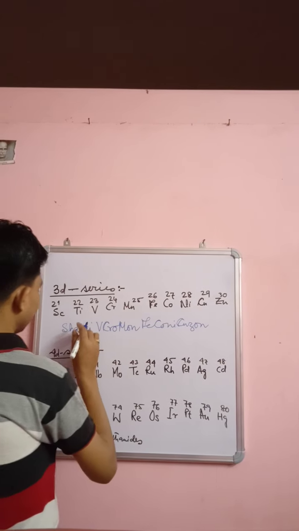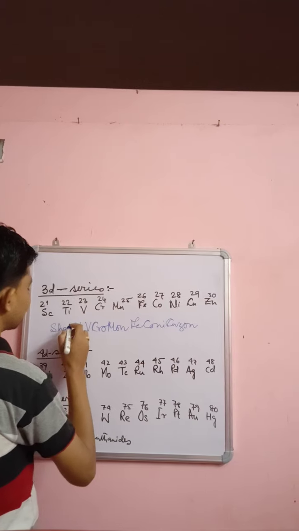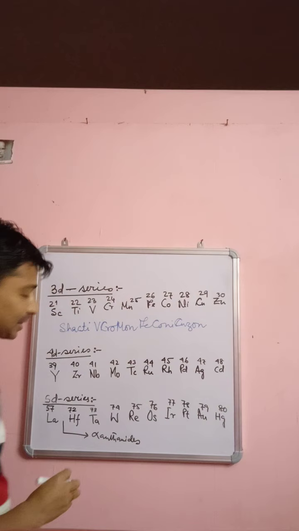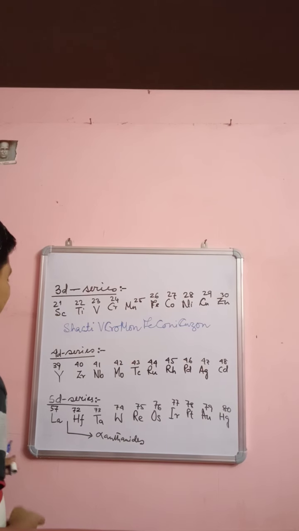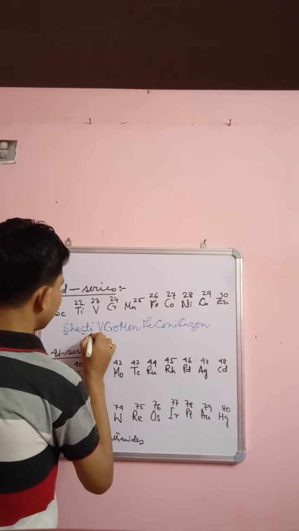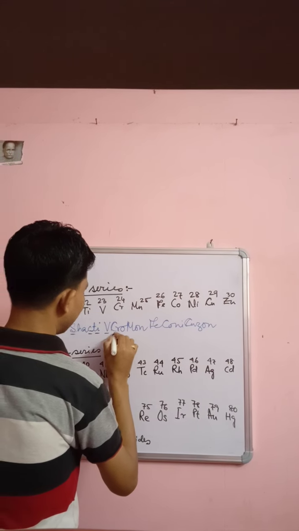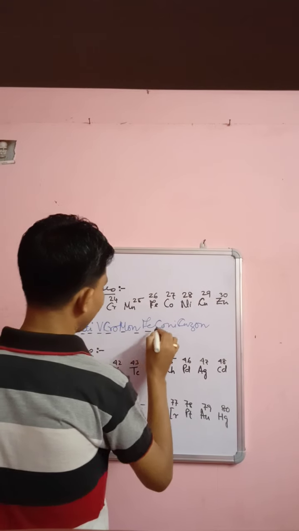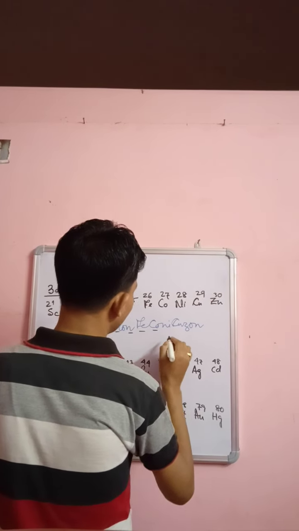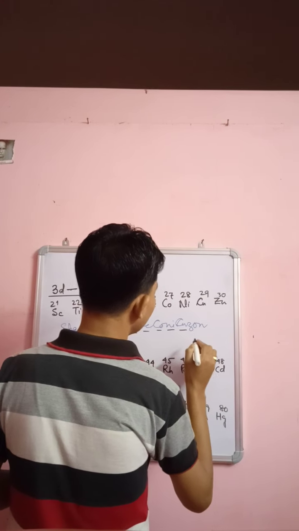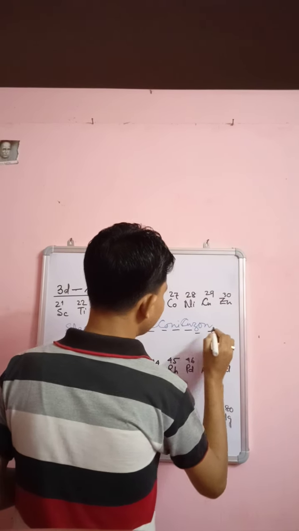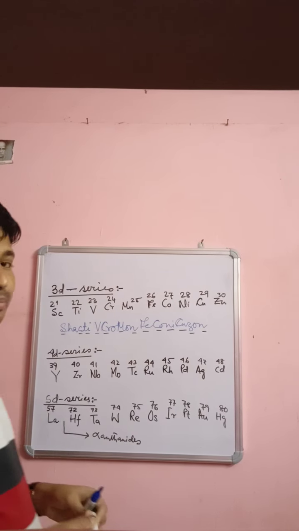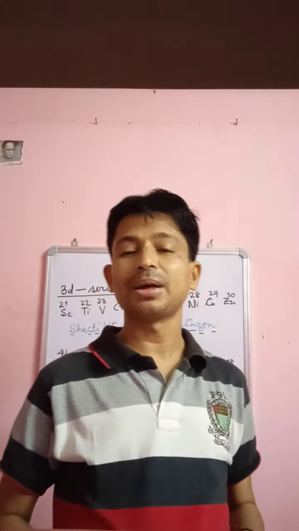So from Shakti we are getting Sc for scandium, Ti for titanium, V for vanadium, Cr for chromium, Mn for manganese, Fe for iron, Co for cobalt, Ni for nickel, Cu for copper, Zn for zinc. So if you can remember this very simple slogan, Shakti Vakraman Fikoni Pujan.